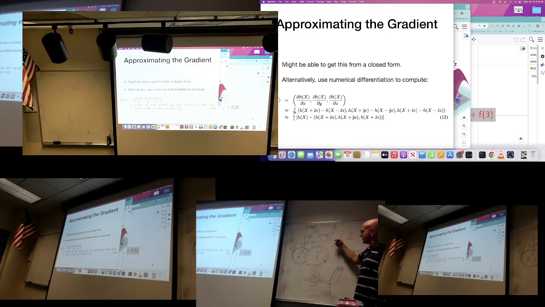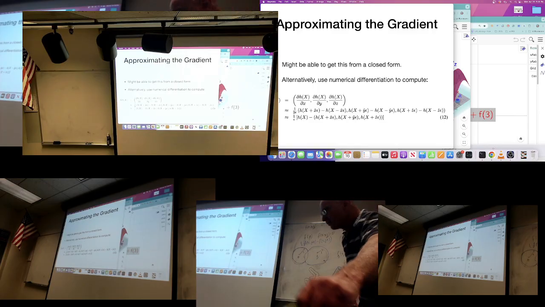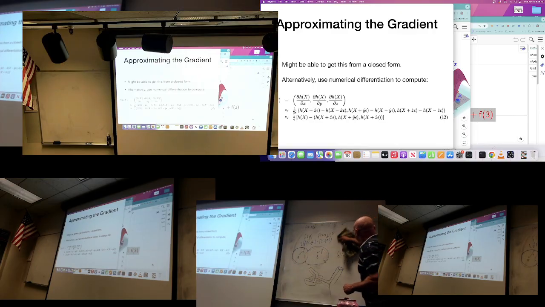I approximated the derivative of f of i and j, say pixels. So this is an approximation of the derivative with respect to j of this function of i and j, using j plus 1, j minus 1, just a discrete evaluation of the function f.